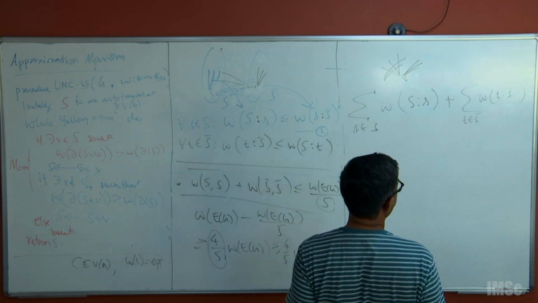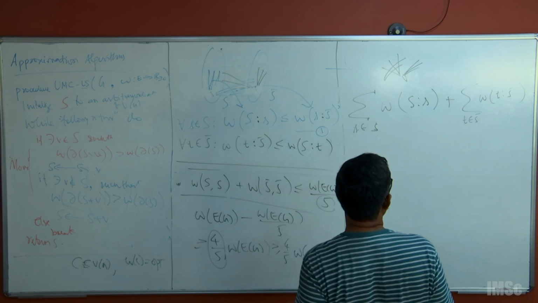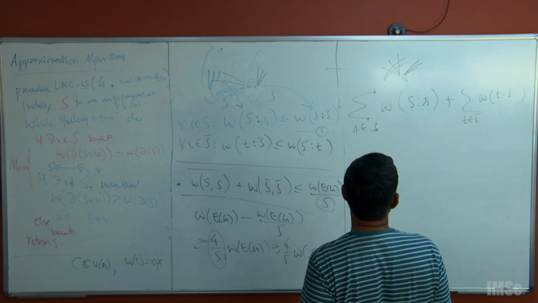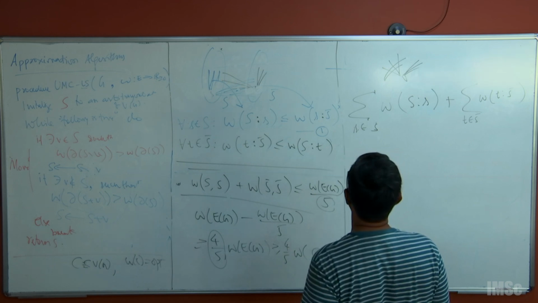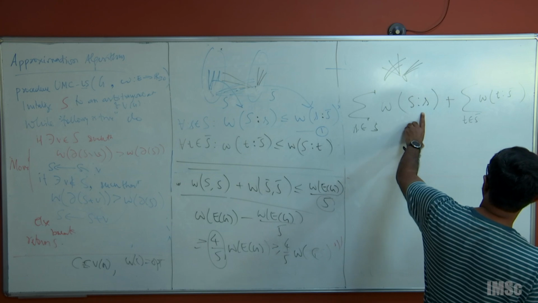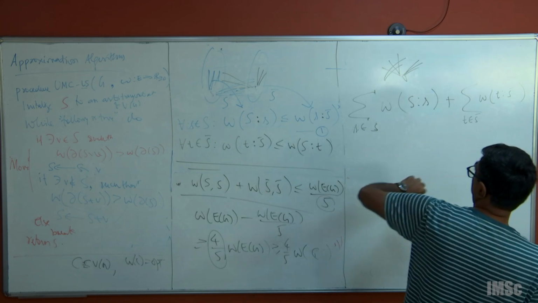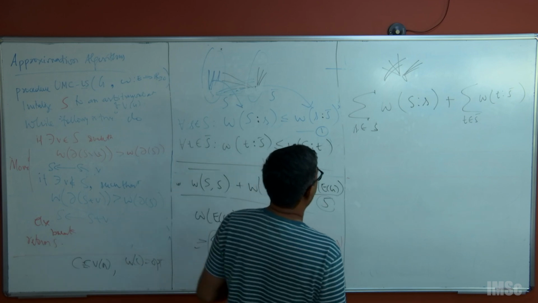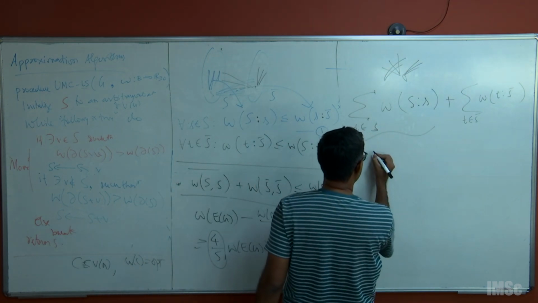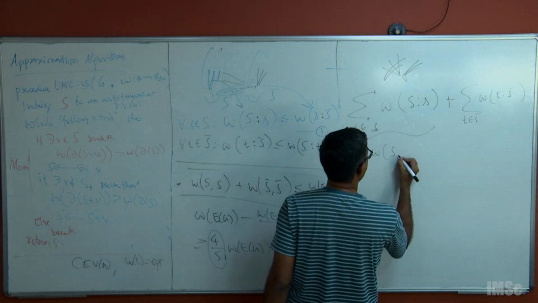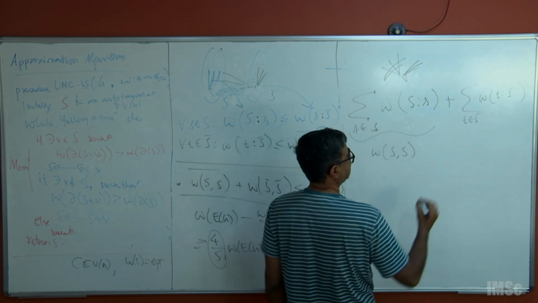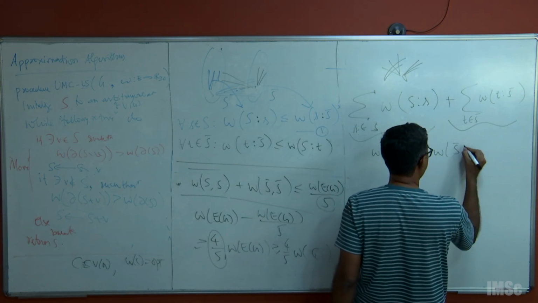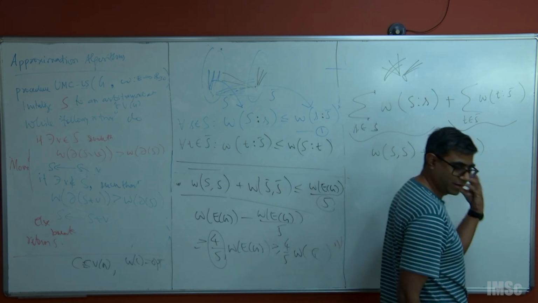Is that fine? What is this? This is the weight of S in S. If you look at this, it is basically what I called the weight of S comma S. And if you look at this, it is exactly the weight of S bar comma S bar that we want an upper bound on.